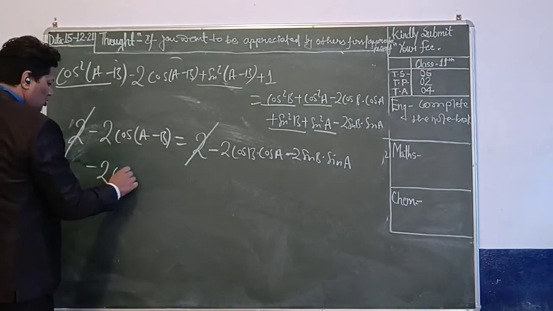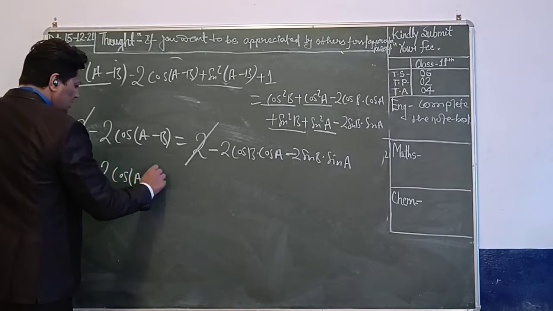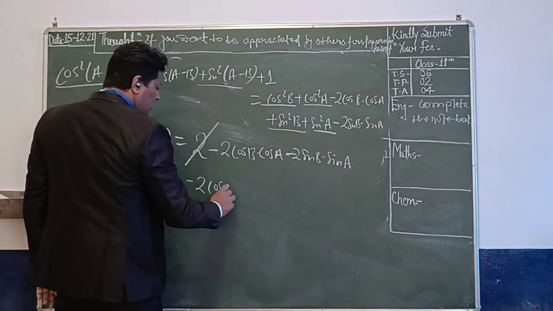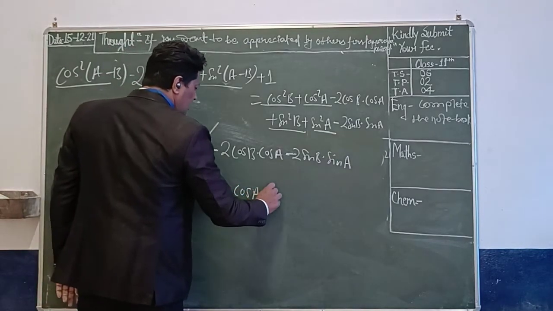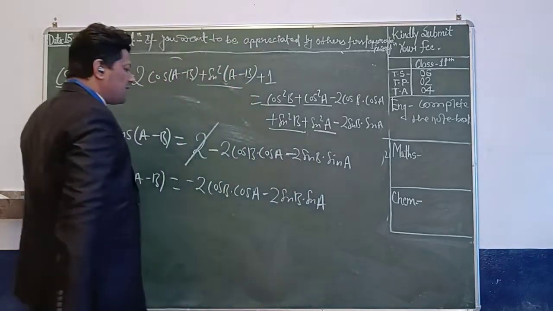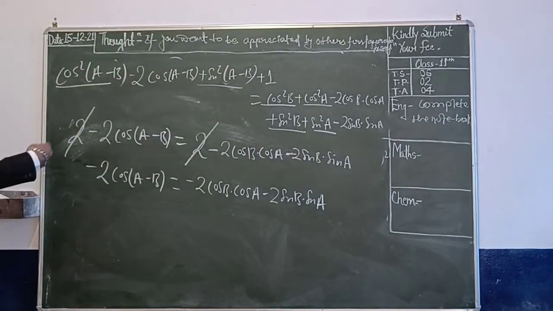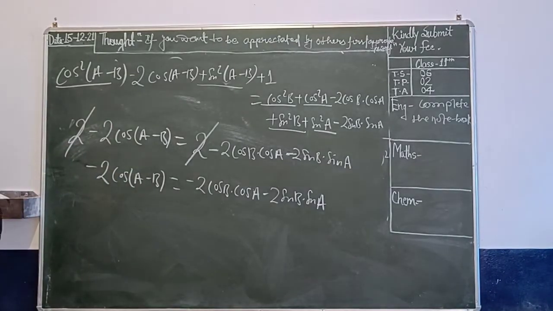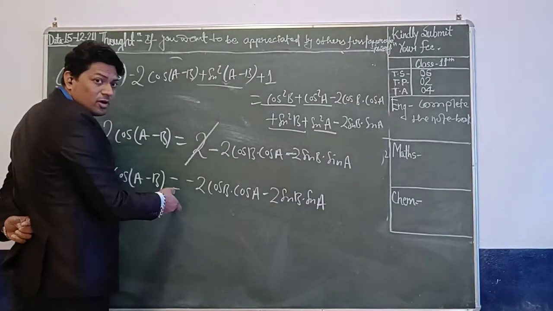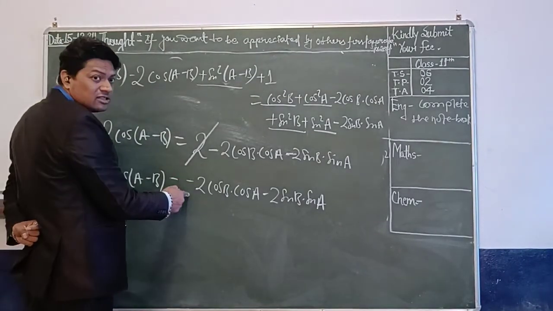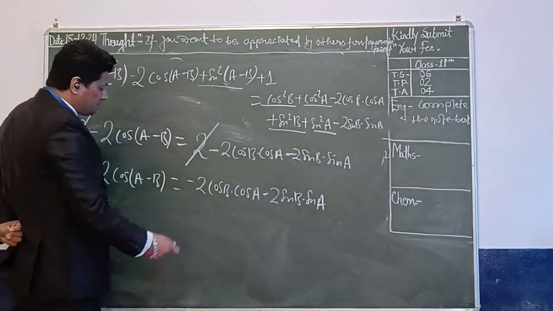Minus 2, we need to take 2 common and negative common. This 2 is cancelled by this 2, so you can take the common.